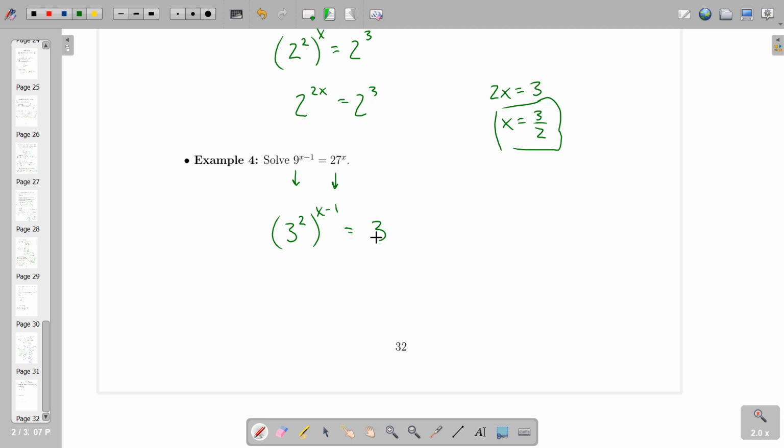And 27 is 3 to the 3rd, so I'll raise that to the x. So just replacing 27 with 3 to the 3rd, replacing 9 with 3 squared. And then be careful here, it's a power raised to a power, so we are multiplying, but we're multiplying by all of that, so make sure you put parentheses around your x minus 1.